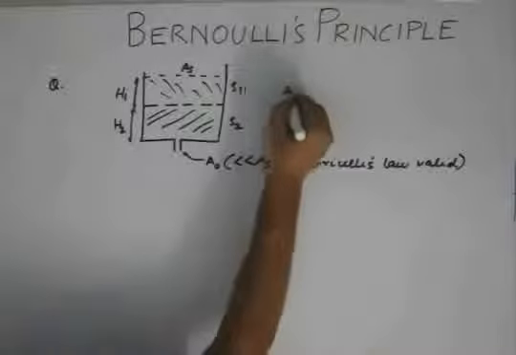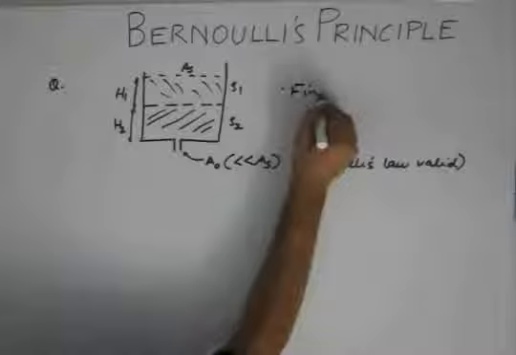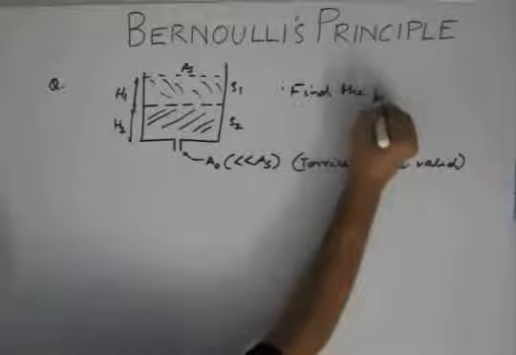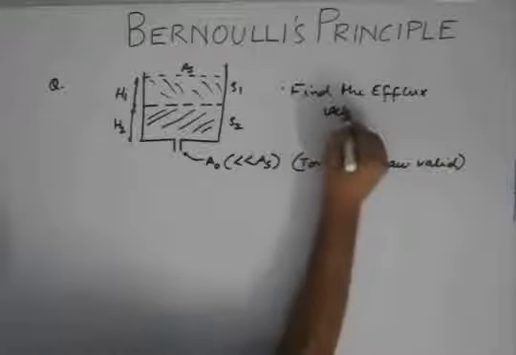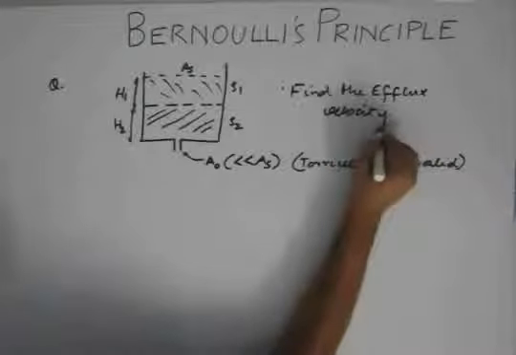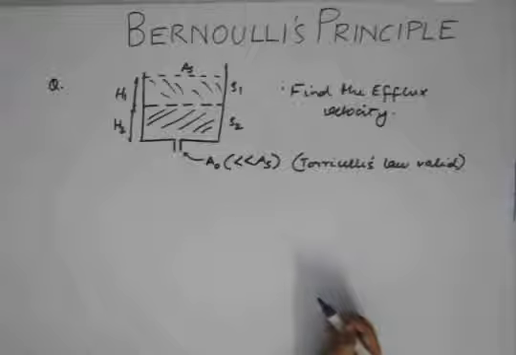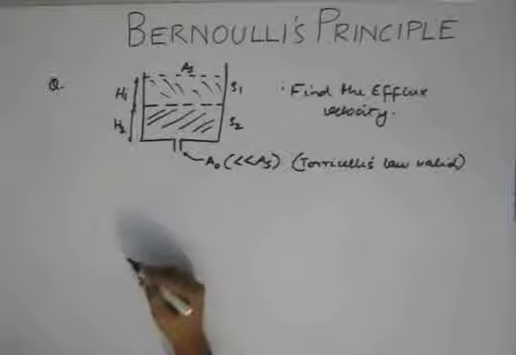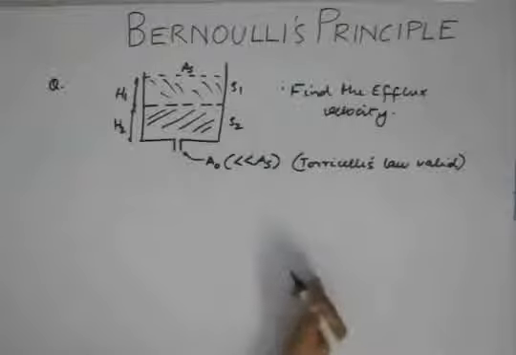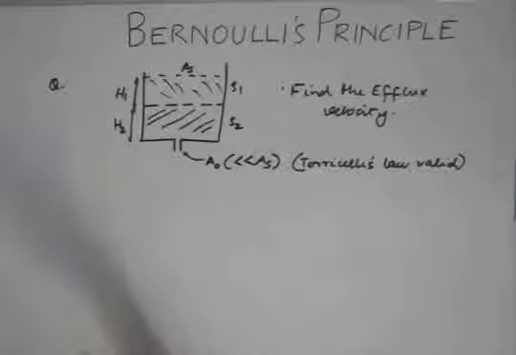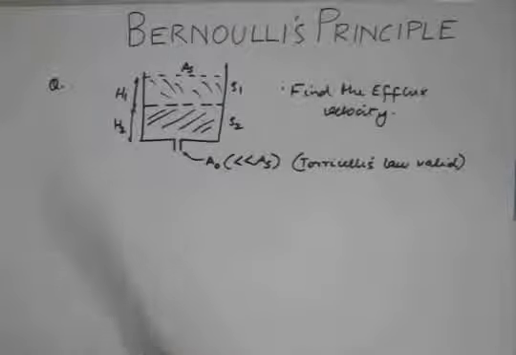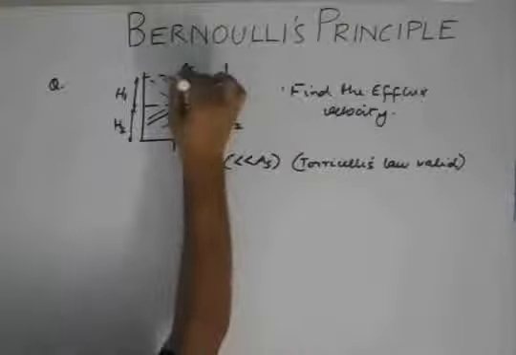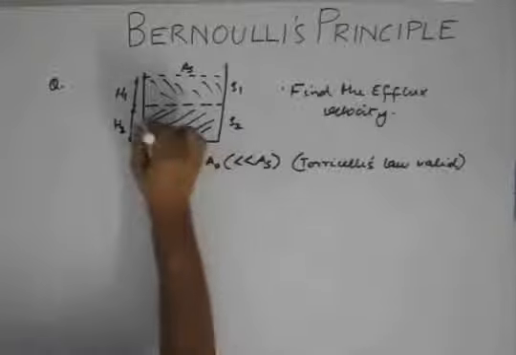Our objective is to find the efflux velocity. What we will do here is apply Bernoulli's equation between 2 points. Now, what points are going to be those? Are they going to be these points, or these points?